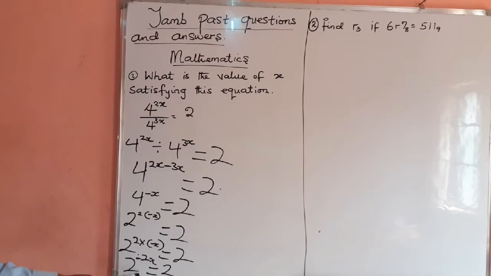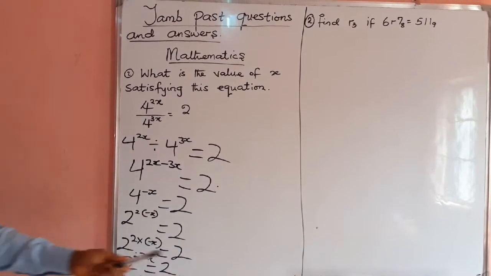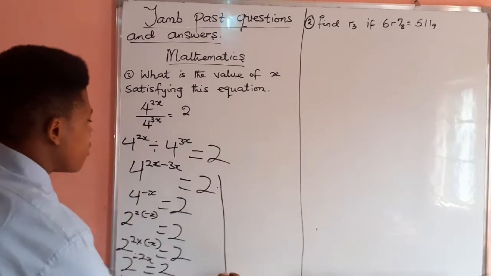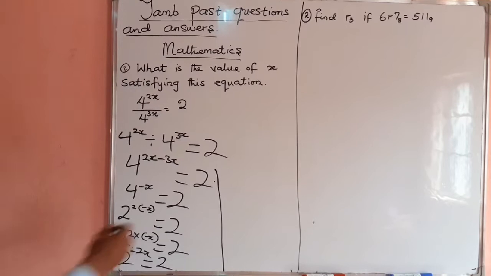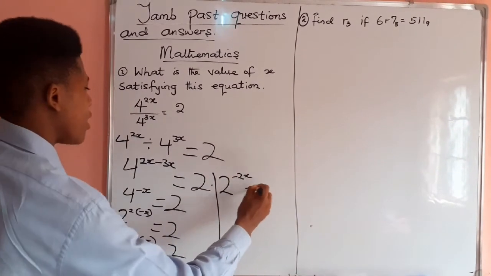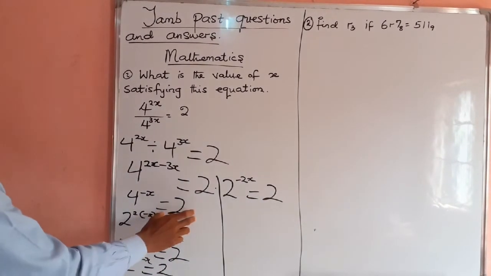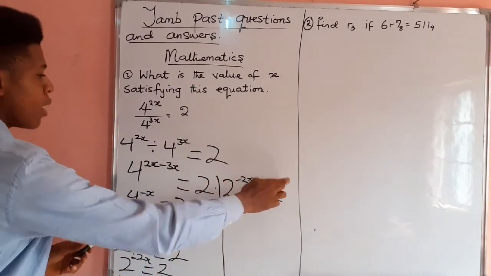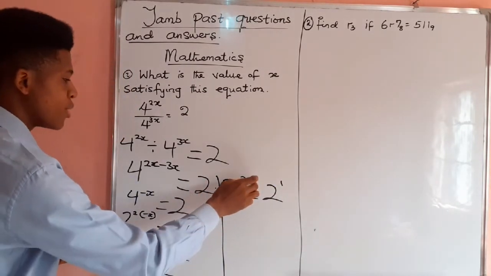Okay, now the base numbers are the same. 2 raised to the power minus 2x, which is equals to 2. Let's write this again so you can see it clearly. And of course, we know any number when it's alone is raised to the power 1. This base is raised to the power minus 2x.